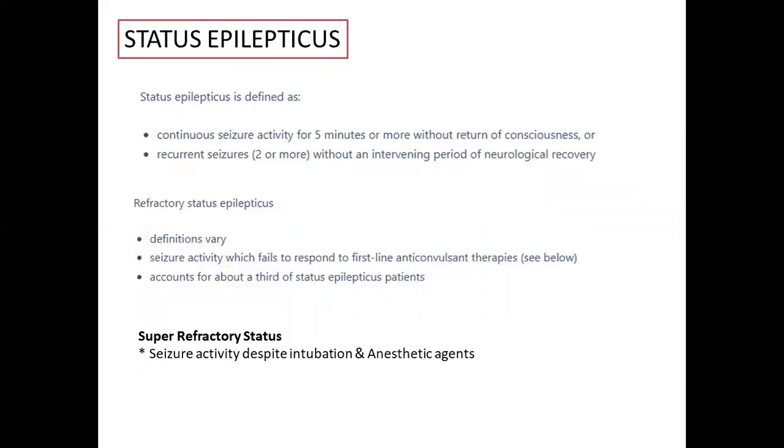Now we are switching to status epilepticus. So what is status epilepticus? Continuous seizure over 30 minutes or 5 minutes. It was earlier 30 minutes, now it is 5 minutes. Continuous seizure activity for 5 minutes, or recurrent seizures, 2 or more seizures without recovery.